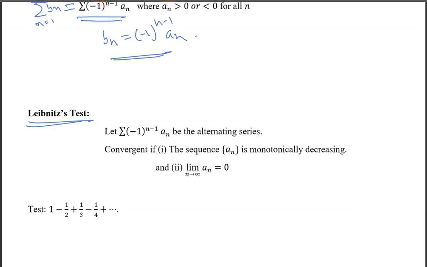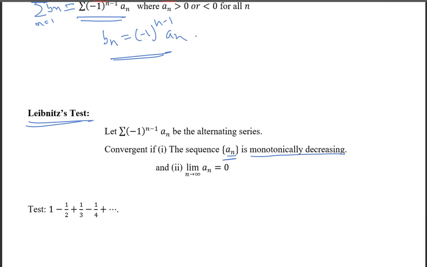What is this Leibniz test? Very simple test: first of all, an should be a monotonically decreasing sequence. How to check monotonically increasing or decreasing, I will tell you.